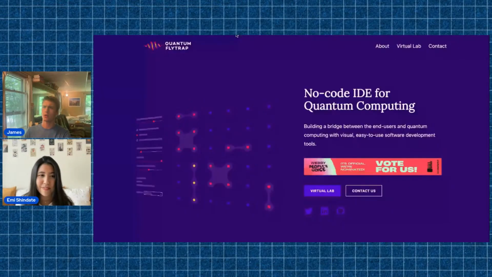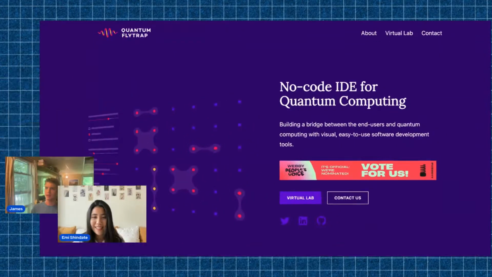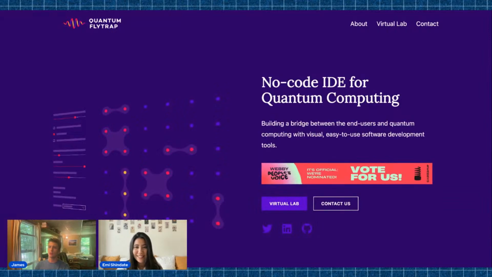So this is what I wanted to try today, and I showed it to you once before. It's called Quantum Flytrap. So I think what we should do is we'll both use it at the same time.